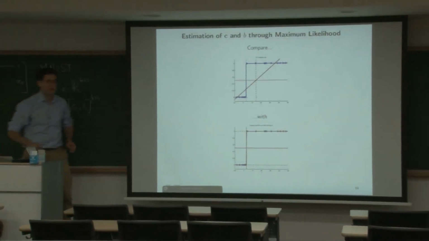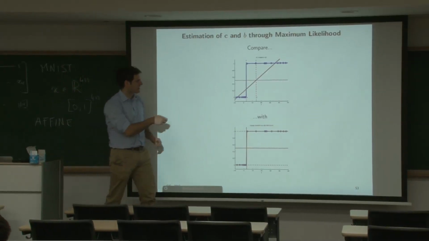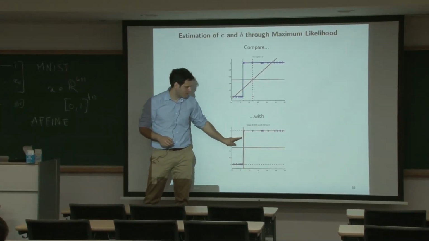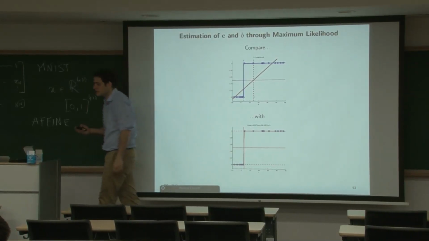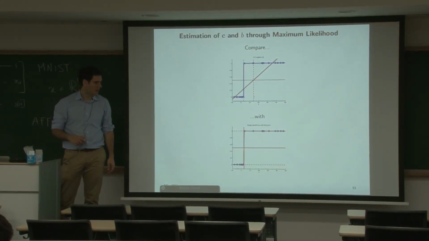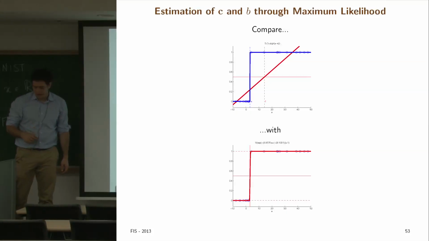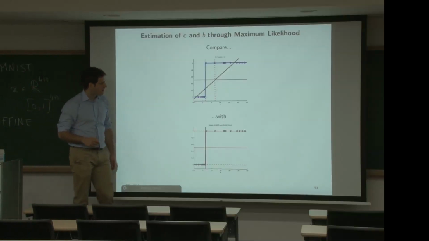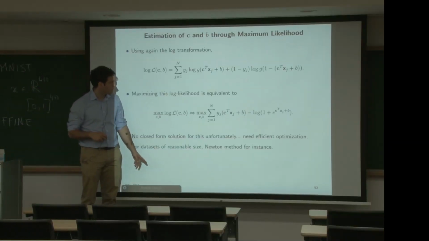I don't want you to think that logistic regression works perfectly just because it beats this. This was really terrible. This is much better, so it works well. It's not necessarily much better than, for instance, LDA. It's just another algorithm. What a nice feature of logistic regression, though, is the output that it gives you.